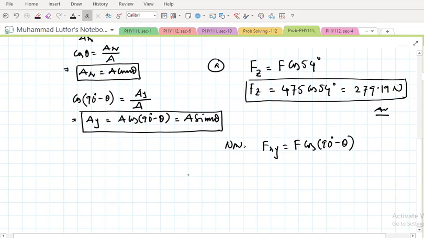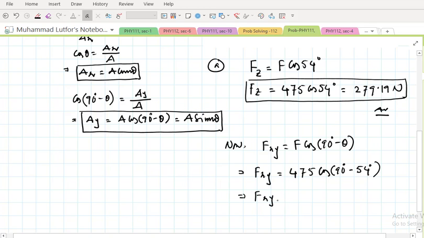Then I can say this F xy would be 475 cos of 90 degrees minus 54, which automatically gives F xy equal to 475 sine 54.